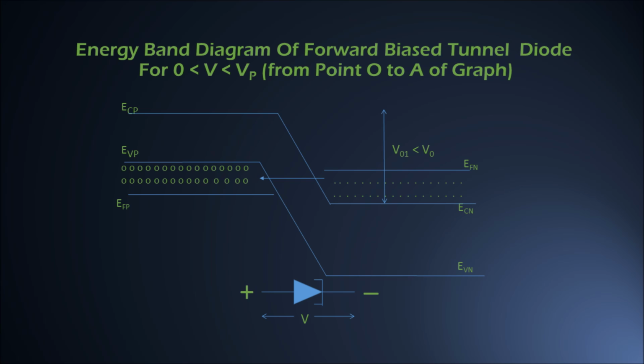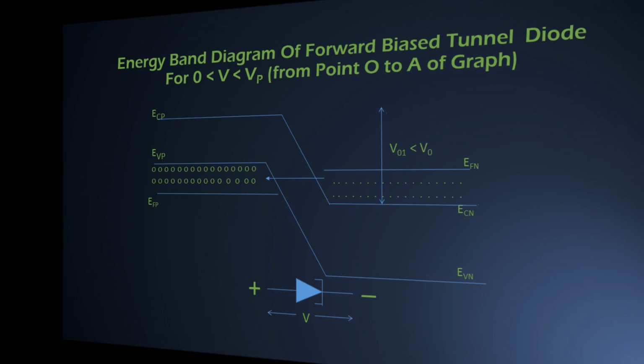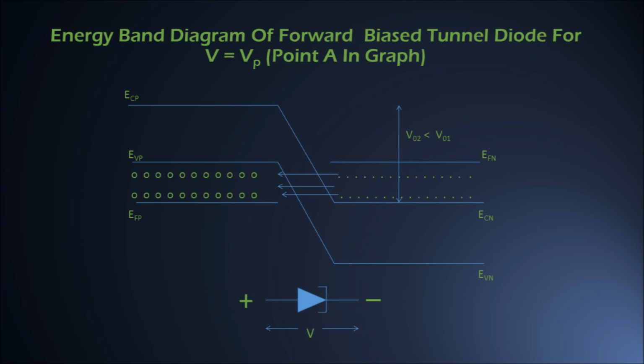This diagram explains the volt-ampere characteristic curve from point O to point A in the graph. When we go on increasing the forward voltage, a stage comes when both the bands come exactly in front of each other, and in this situation, the maximum number of electrons tunnel through the junction. This corresponds to the peak in the volt-ampere graph corresponding to voltage Vp, as shown in this figure.